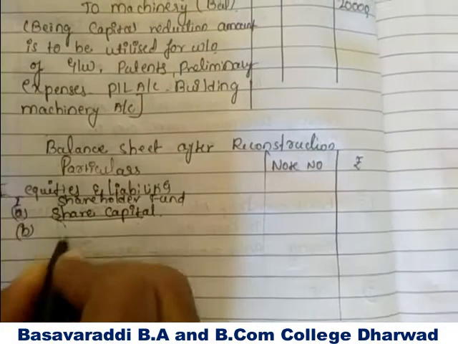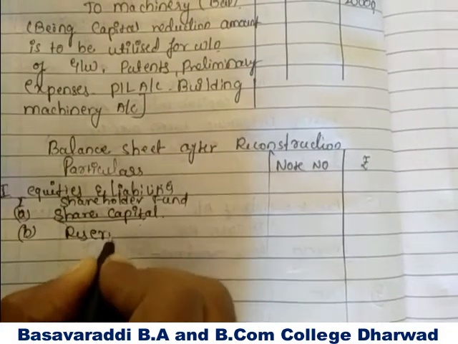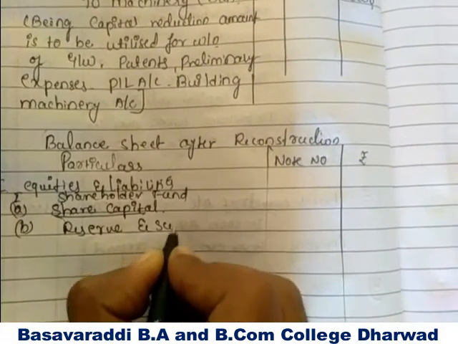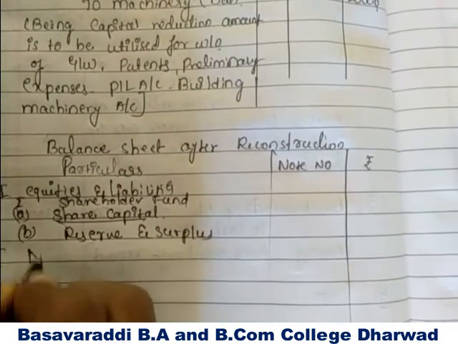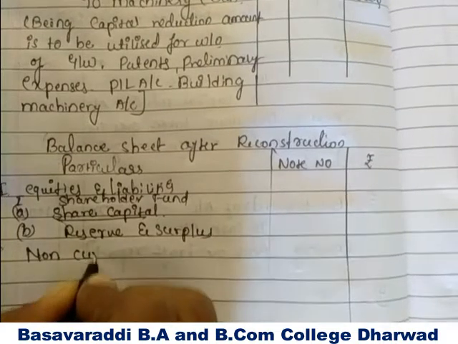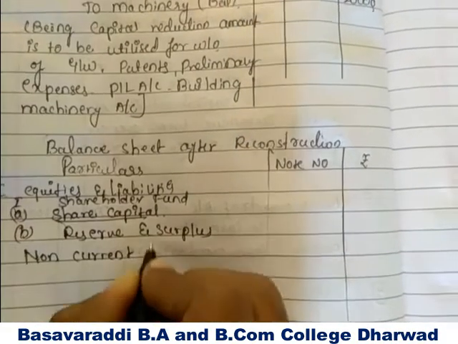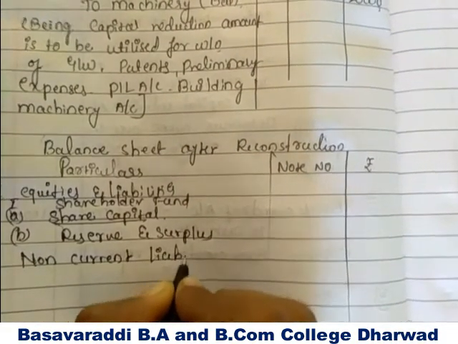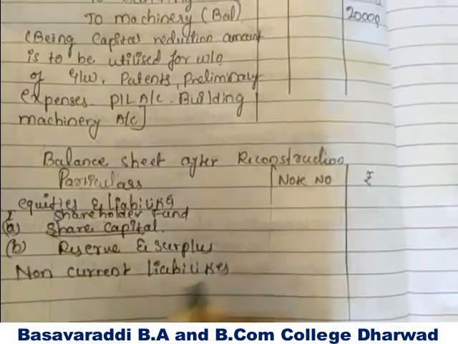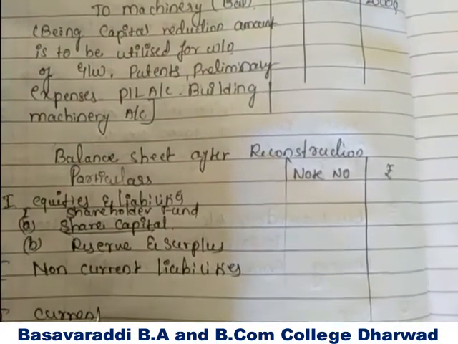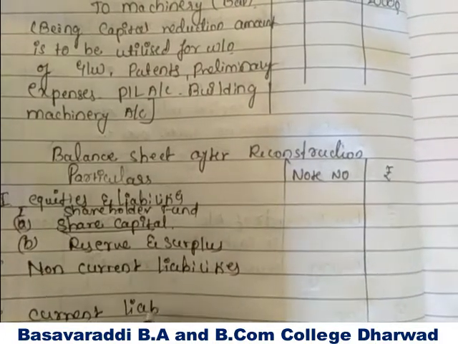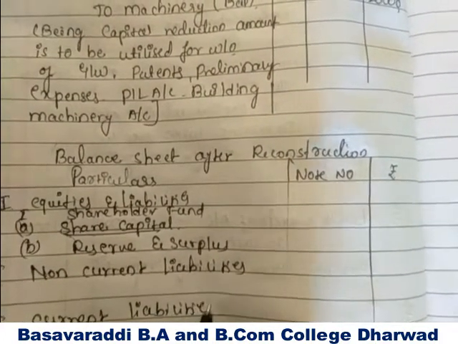Second one, B, reserves and surplus. And next, second head, non-current liability. And third one, current liability.